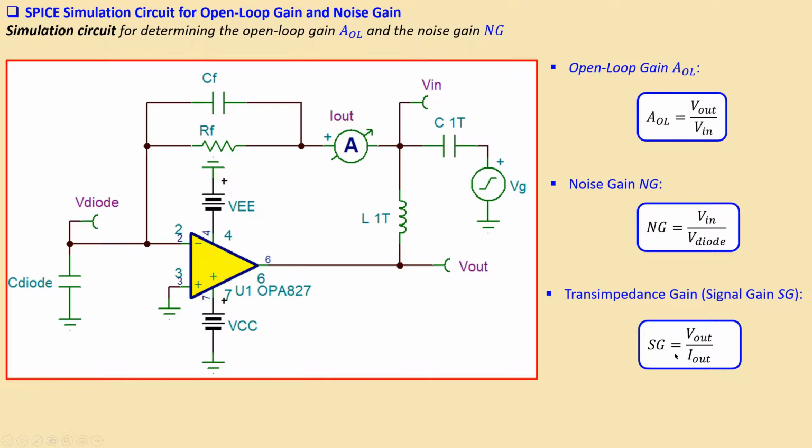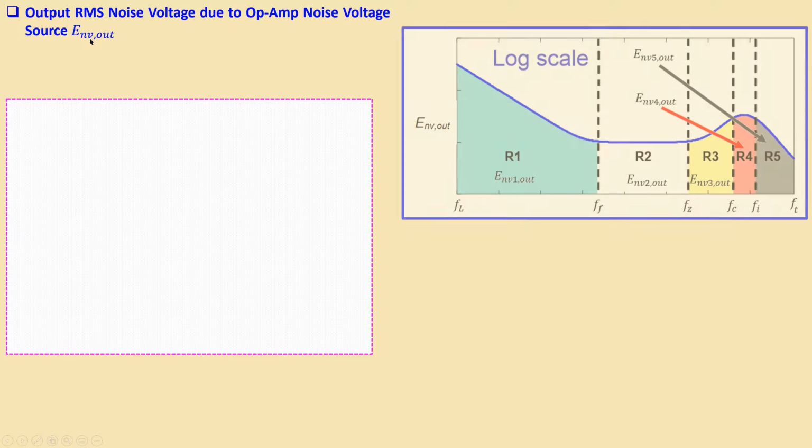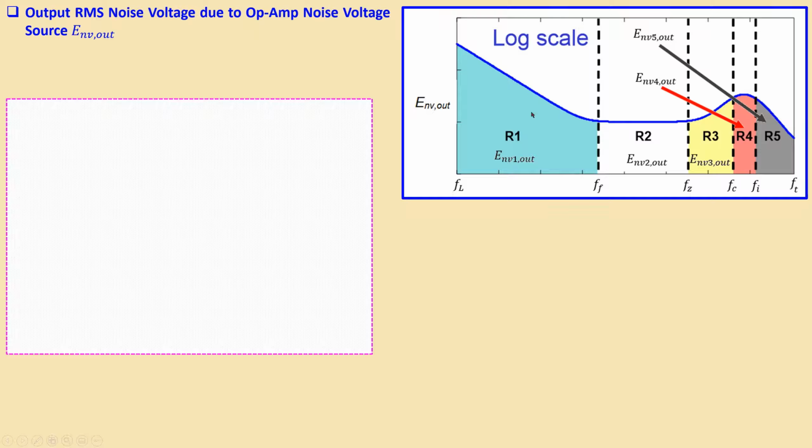So we have these three elements, and using the simulator you can use post-processing to generate these three plots. Okay. The output RMS noise voltage due to the op-amp noise voltage sources is a very important part, because you have the curve which has several regions, divided into five regions, R1 up to R5. I will go step by step, and you can see the frequency parameters we have just discussed.